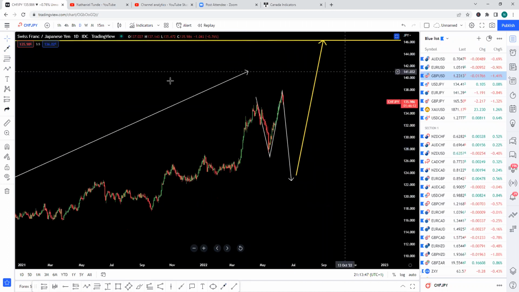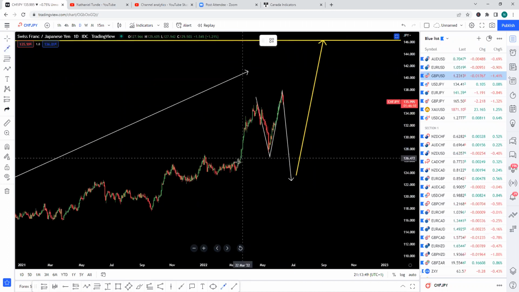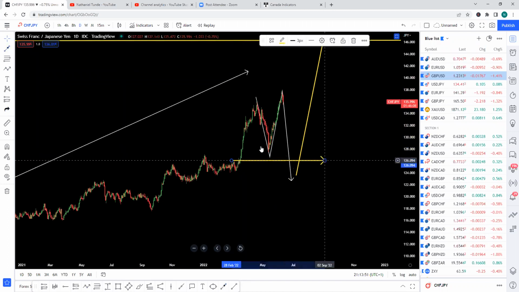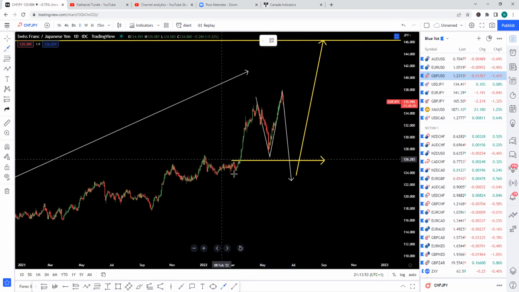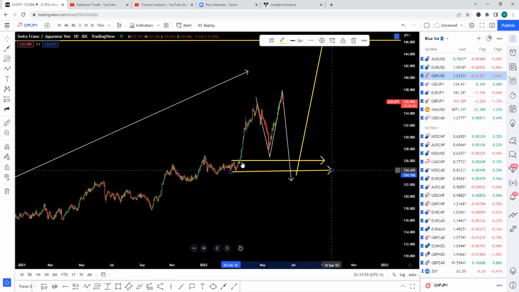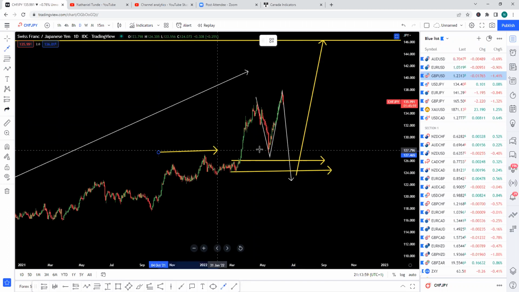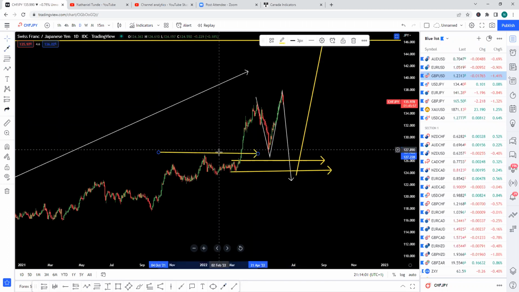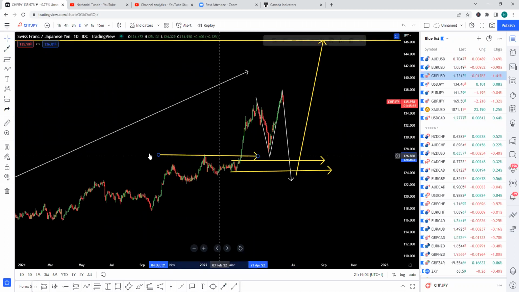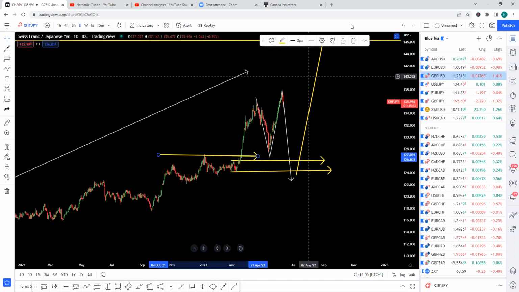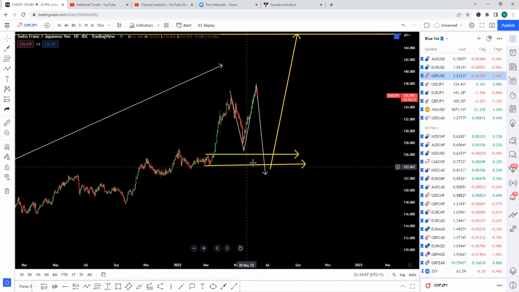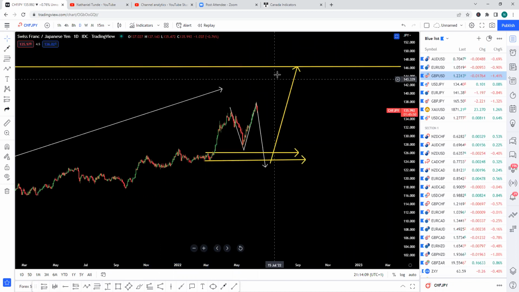Because remember, here, strong demand. Why is it strong demand? It pushed to the upside, moved this structure, and broke this resistance. For it to break this resistance, strong demand. You make this structure, you can buy this to the upside.